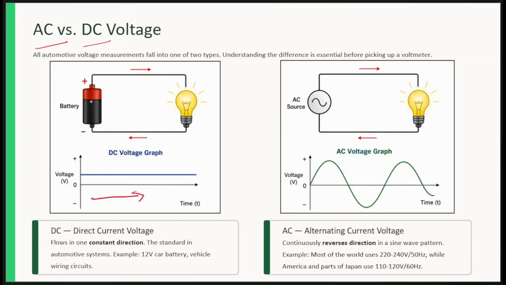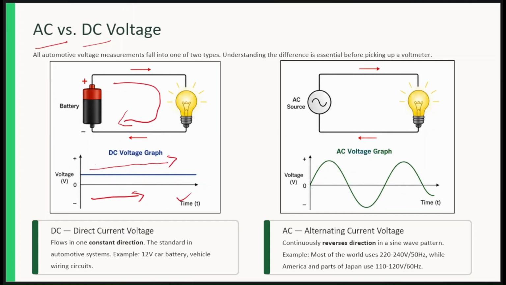Unidirectional current means current flows from positive to negative. Only one flow. It won't change. Its graph would be looking like a straight line with time. So the direction is constant, direction won't change.